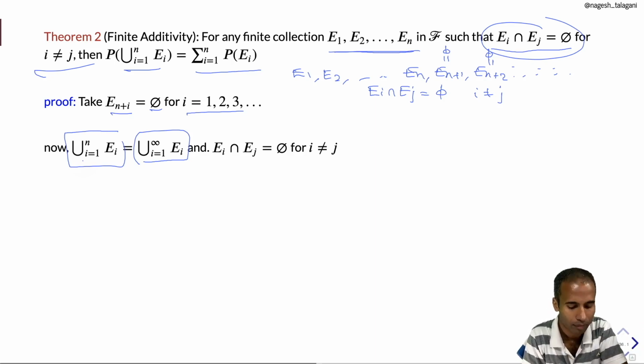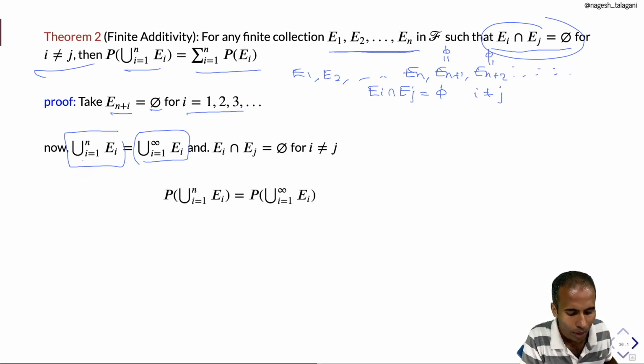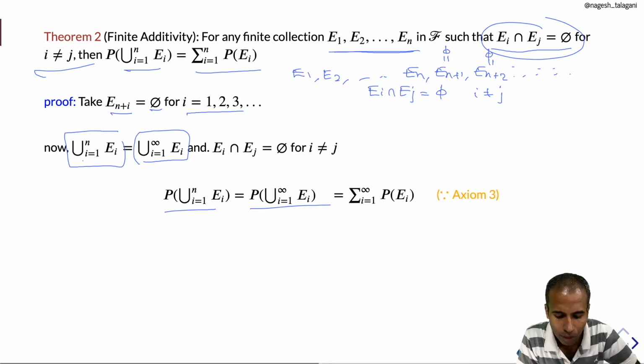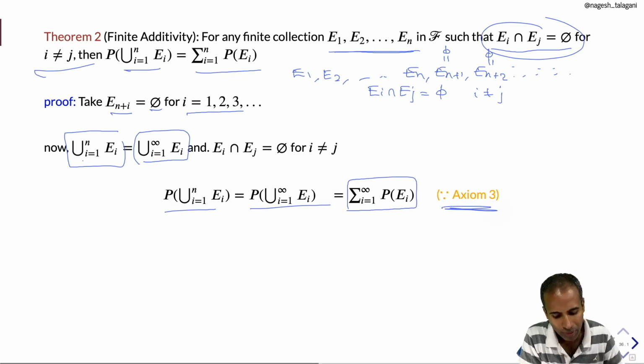So the probability of the left-hand side will be the same as the probability of the right-hand side. But this E1, E2, and so on, is a countable collection of mutually exclusive events. So on the right-hand side I can apply axiom 3. This is going to be the summation i equal to 1 to infinity of the probability of Ei, by axiom 3.